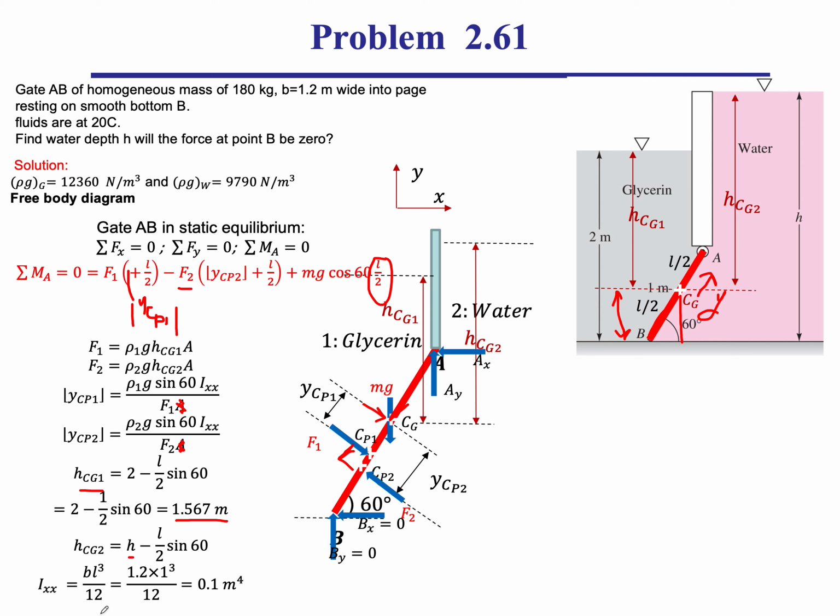BL cubed over 12. So that's for a rectangle. Here is the x axis, and that's the y axis.